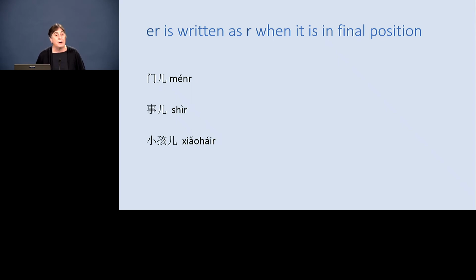You just add that R and you kind of nasalize it. So mer. And shar. We have an SHI. We just add an R sound and give it a little extra retroflex sound. So shar. And then finally, we have little child, xiao hai. We add an R, diminutive, xiao har.